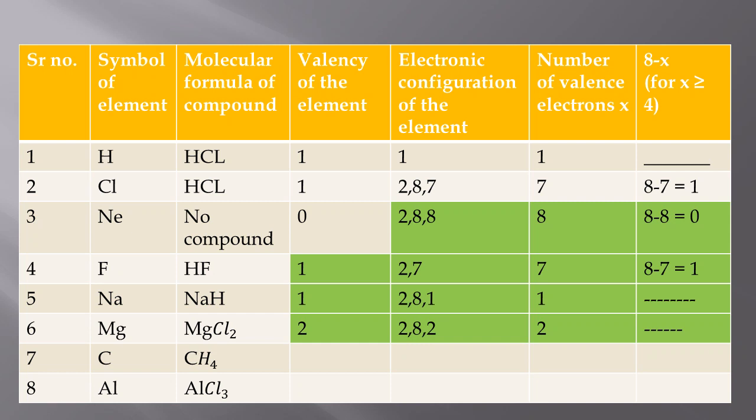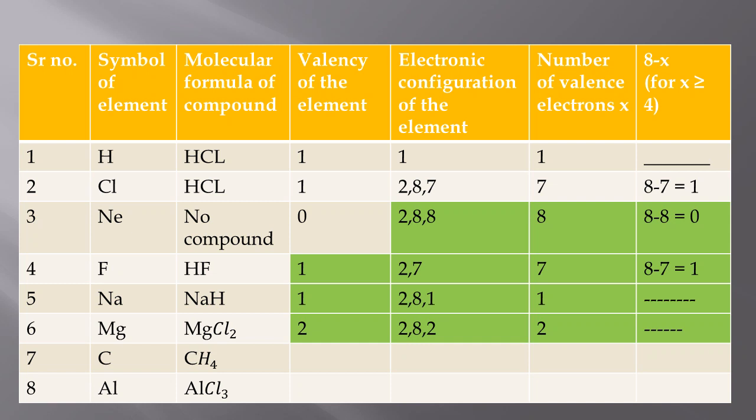In this table we have the symbol of elements and the molecular formula of a compound. Molecular formula means how the elements combine together to form molecules. Then the valency of an element, that means how many electrons are there in the last shell.